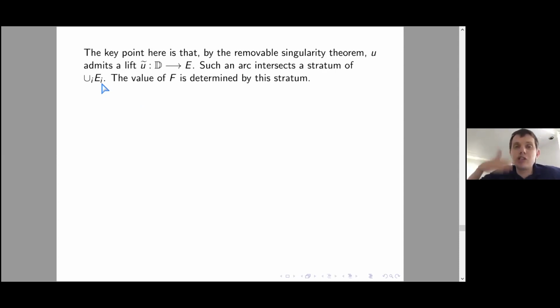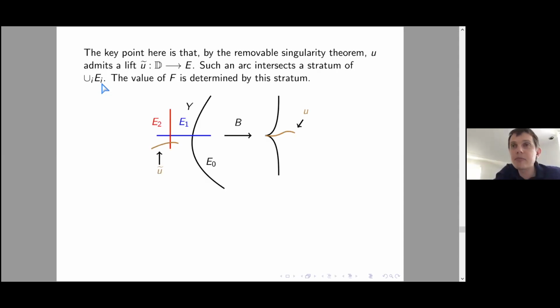So the values of this filtration are determined by the strata of the blow up, the exceptional divisors, these complex hypersurfaces, Ei. So here's the picture. Here's my little arc, U. It has some lift by the removable singularity to Y, and it intersects some stratum of this union of complex hypersurfaces. And the filtration is basically determined by that stratum.